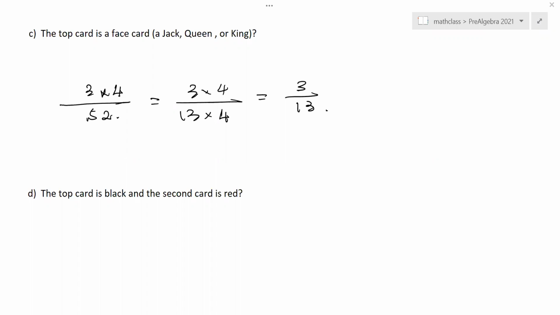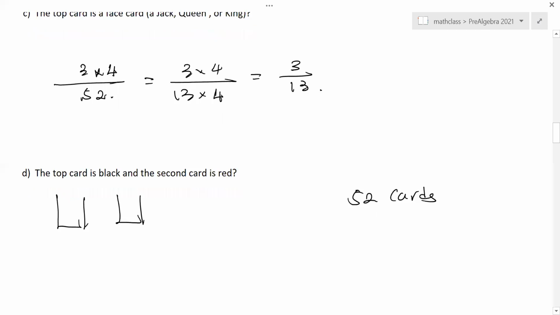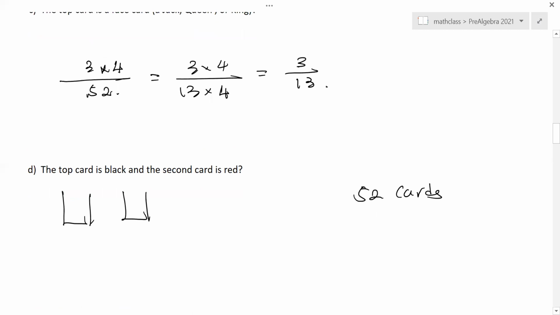Now this is a bit challenging, right? You have 52 cards here, and you're going to take 2 cards. So the denominator, the number of possible outcomes: you randomly pick up 2 cards one by one and put them in order.